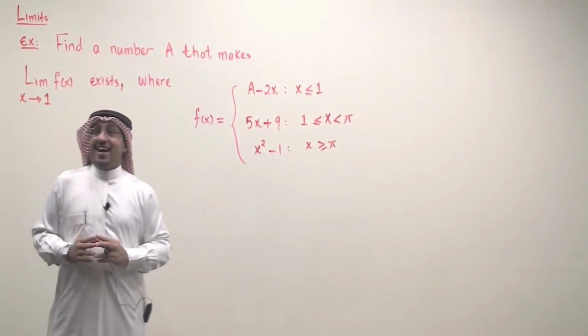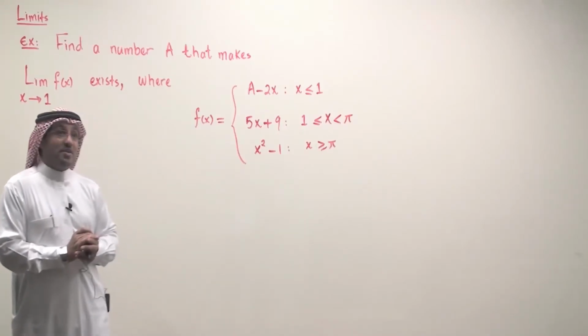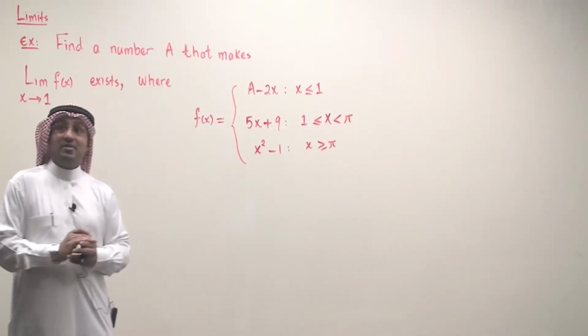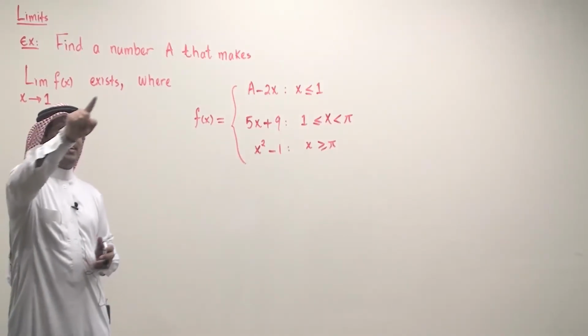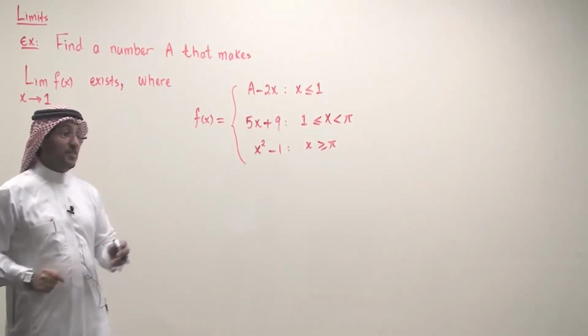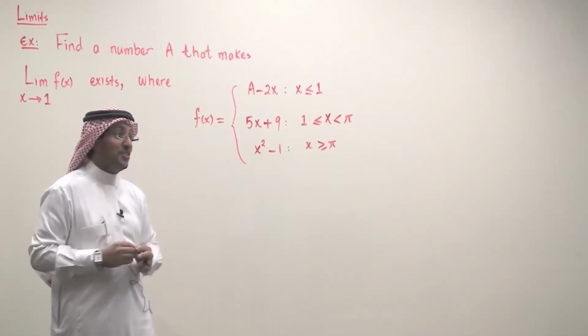Hello again. In this question, we want to find a number a that makes the limit of f of x as x goes to 1 exist, where the function y equals f of x is a piecewise function.